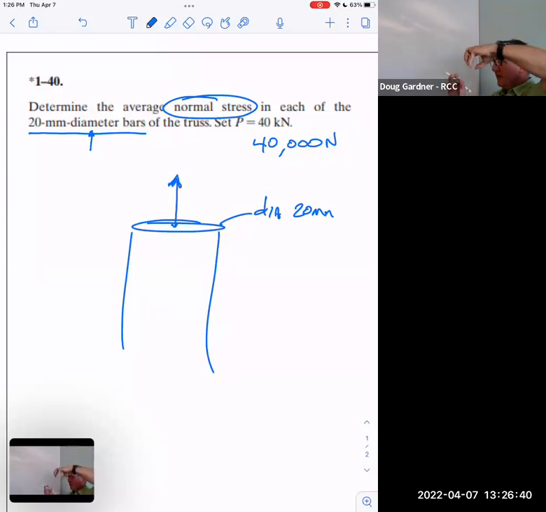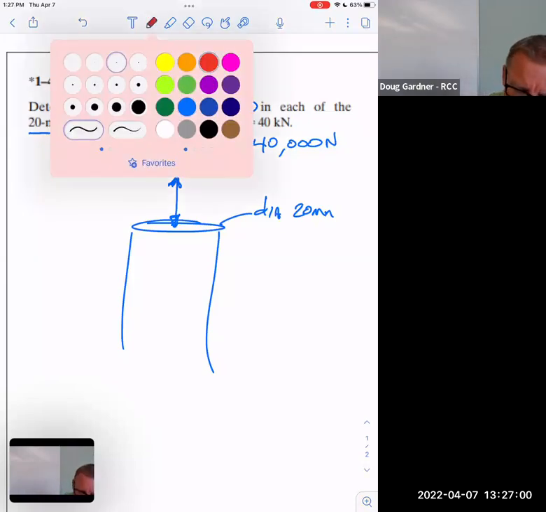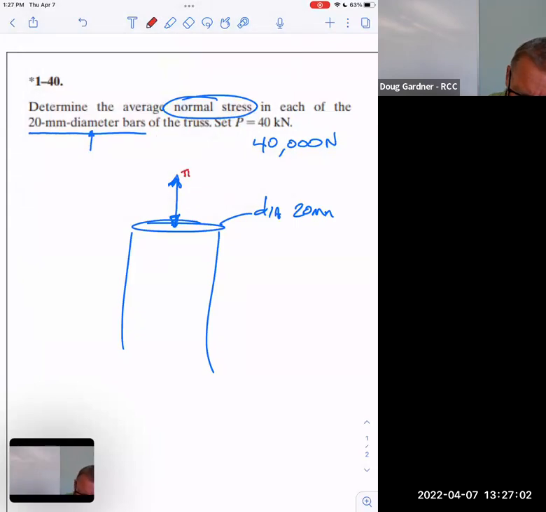So it's a certain amount of tension force that's being applied to that bar, which might tear it apart. And again, that's the thing. If it was a certain kind of steel, I'd want to be able to look up how much PSI can this steel withstand. If the arrow is going this way, it's compression. It's still the same calculation. It's still the same PSI number, but maybe that's interesting to note. So this would be tension.